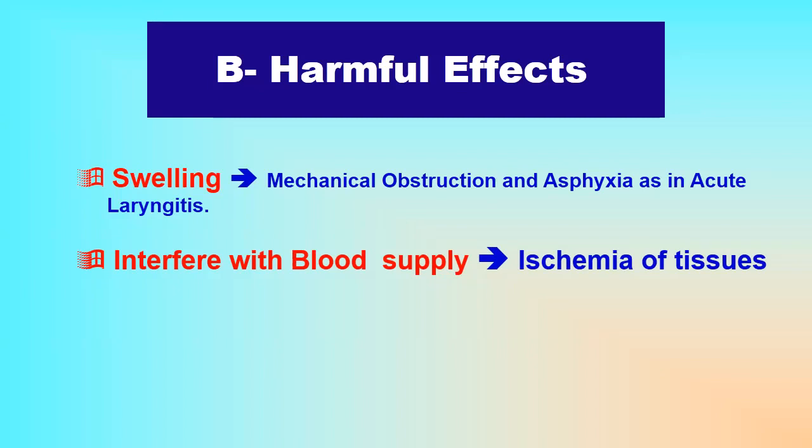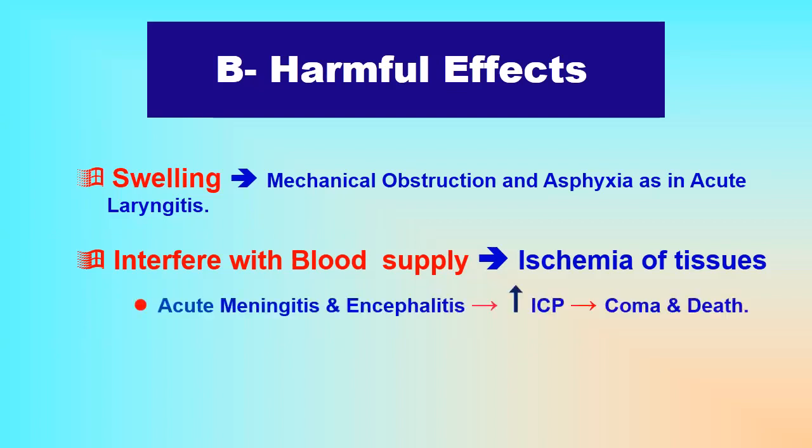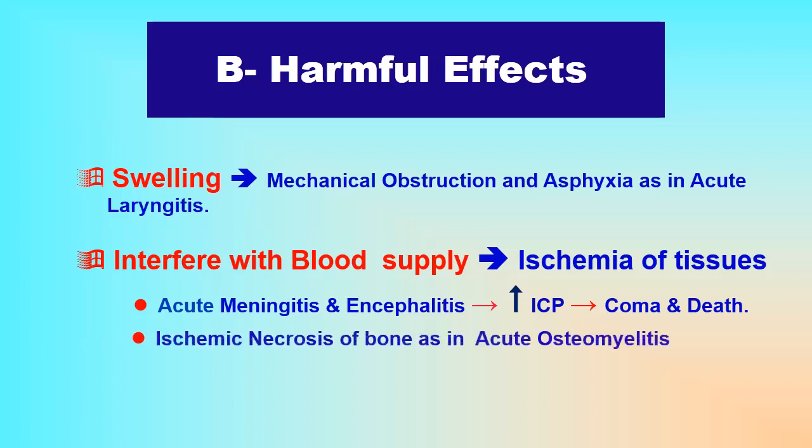Also, swelling of the tissue may interfere with the blood supply by producing pressure effect on the blood vessels, causing ischemia of the tissue, as in cases of acute meningitis and encephalitis, in which there is ischemia of brain tissue with increased intracranial pressure, resulting in coma and death of the patient. Another example is ischemic necrosis of the bone, as in acute osteomyelitis.